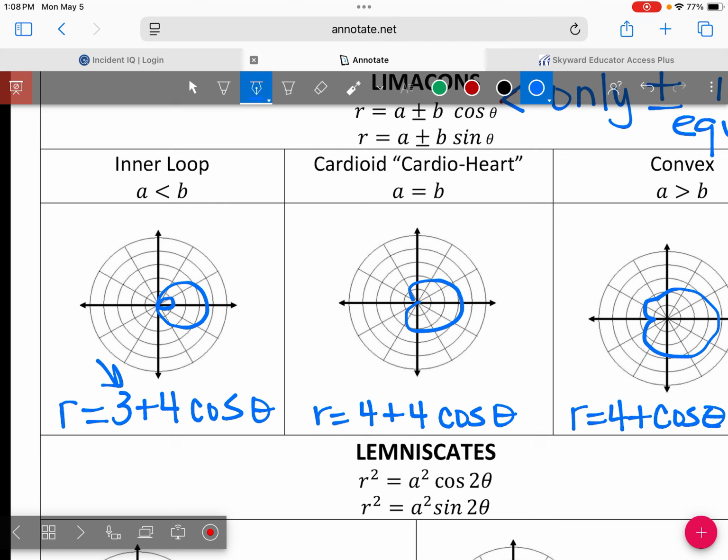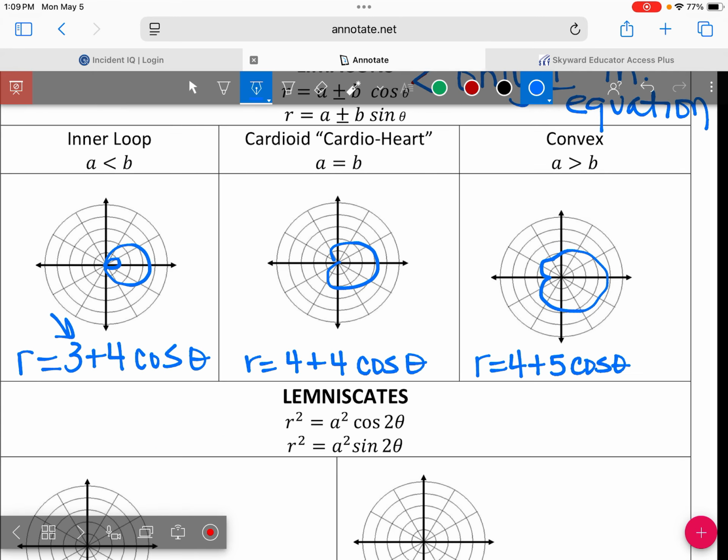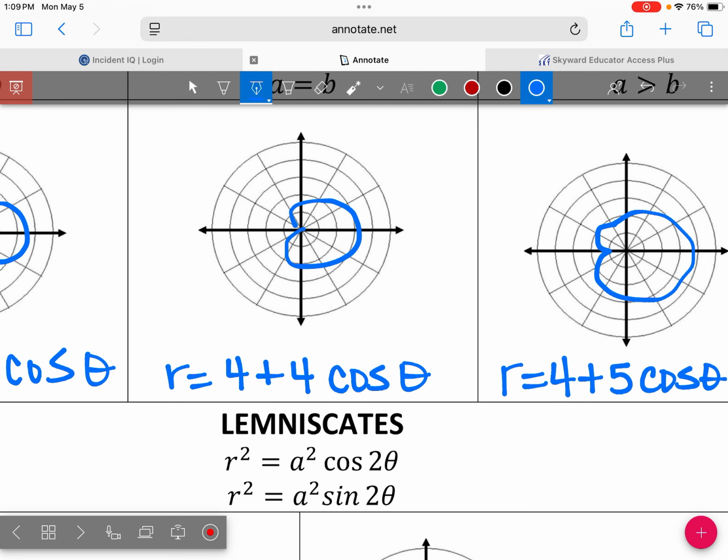Okay. And for the last one, what's that supposed to be? Oh, wait, first of all, that's not even the right equation. Sorry. This should be 4 plus 5 cosine. So, wait. Let me go back. No. Sorry. Let's say 4 plus 3. Okay, so it has to be smaller.